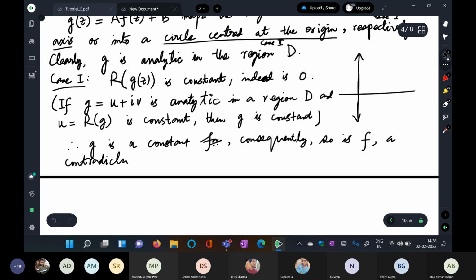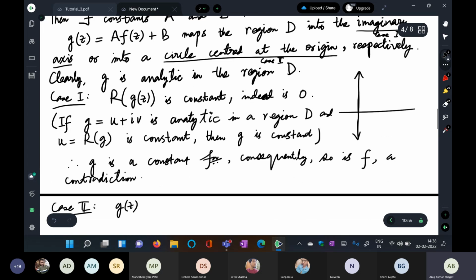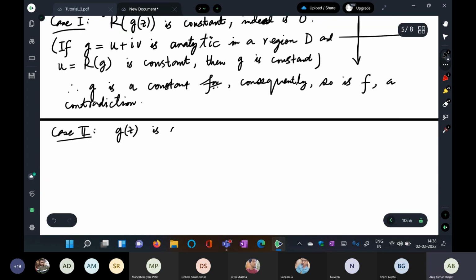Okay. For the second case, what is g(z)? A circle centered at the origin, or maybe some circular arc you can say.